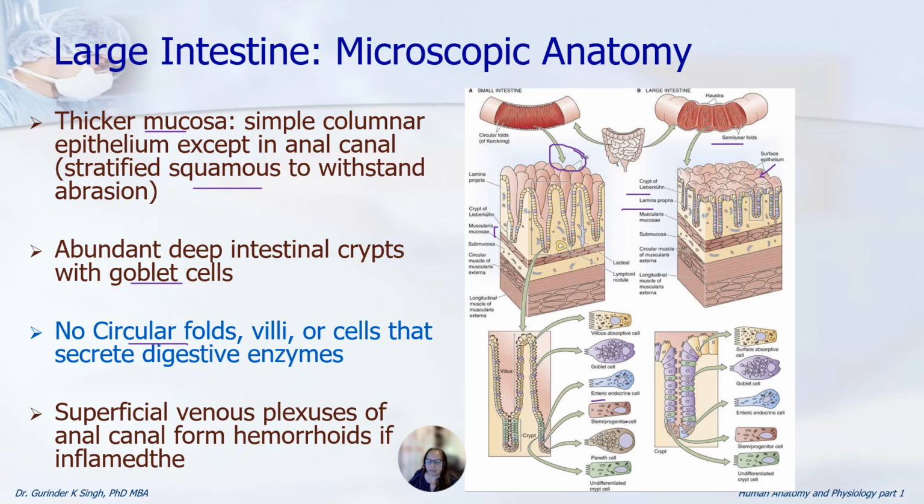But Paneth cells are extra cells in the small intestine. Remember, they produce defense proteins, and the large intestine does not have that. Another thing is that there is a lot of superficial venous plexus near the anal canal, which can form hemorrhoids if inflamed.